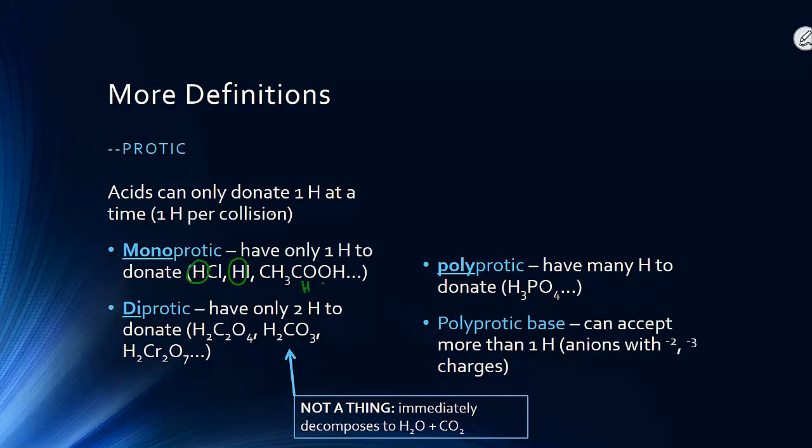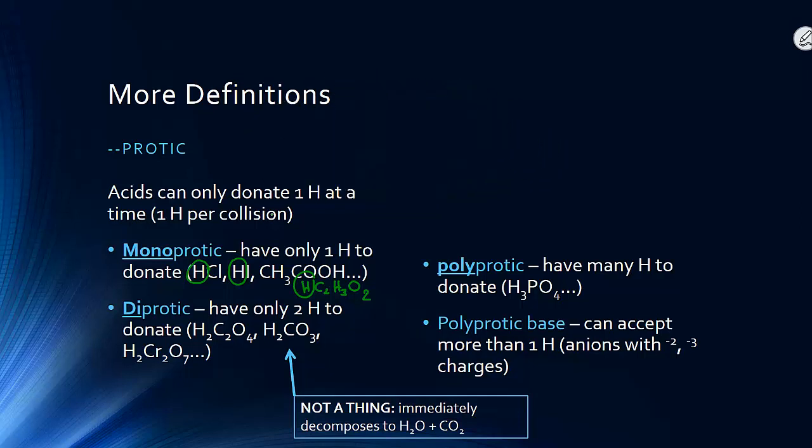In something like acetic acid, the hydrogen in front of that formula is what can be donated. So when you look at the structural formula for acetic acid, that hydrogen at the end is the one that's being donated. That's because the acetate anion is going to stay together. It's not going to dissociate.